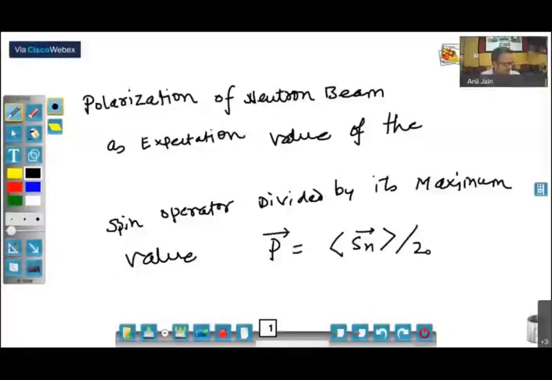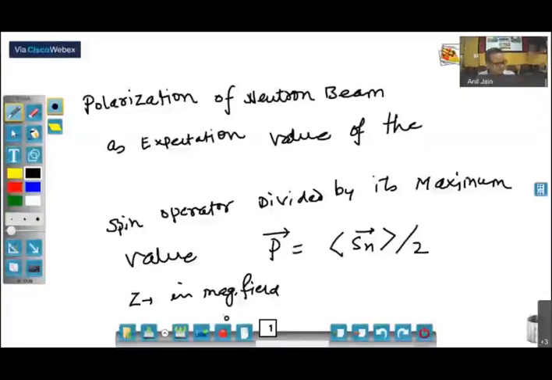Now the spin has all three components x, y, z, but in a magnetic field, only one component, let's say along the z, is defined. So it is sufficient to consider the linear polarization vector in the direction of the field for the polarization of the neutron.